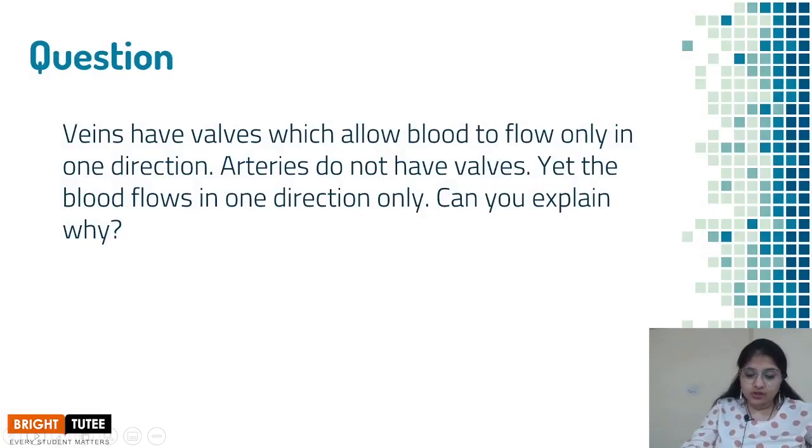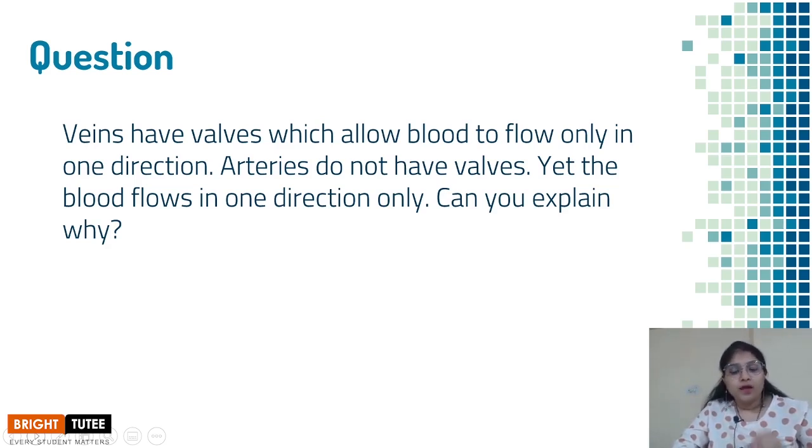Veins have valves which allow blood to flow only in one direction. Arteries do not have valves, yet the blood flows in one direction only. Can you explain why? The reason is that in arteries the blood flows with a jerk, right?